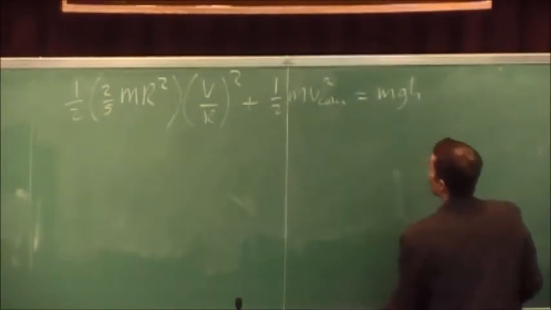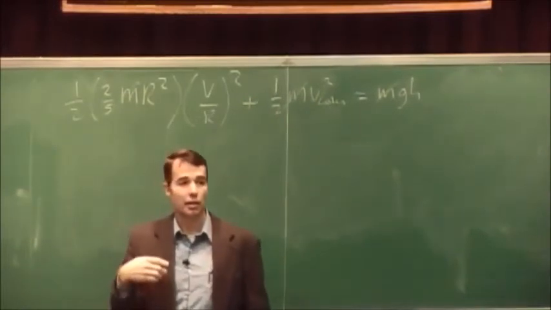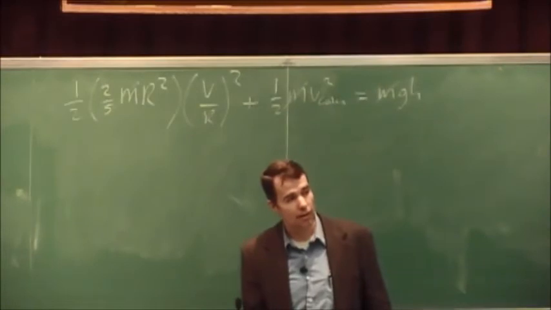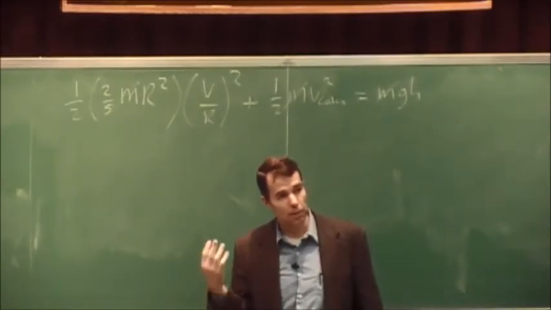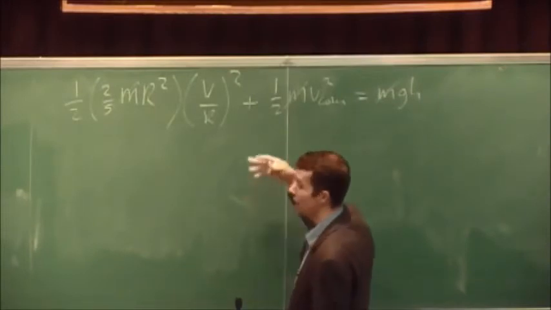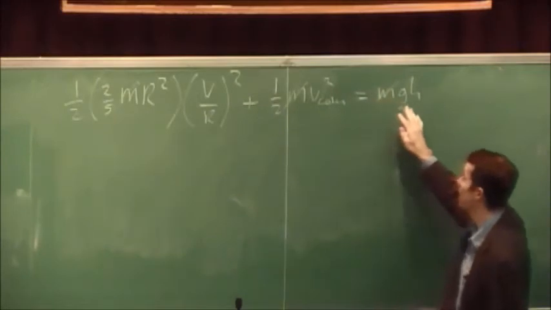Now we have an m in all of these terms, so we can cancel them out, which is a pretty interesting result. It doesn't depend on the mass, it depends on the geometry. It doesn't depend on how heavy it is.